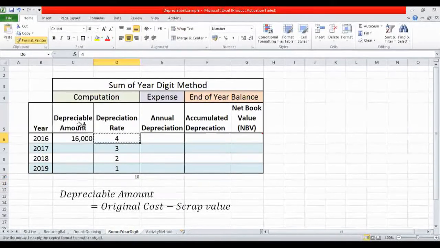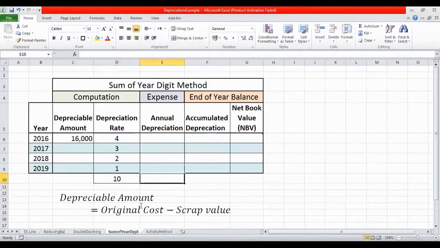So let's change the format. So 10. Now we need to calculate the rate. We are going to divide this 4 by the total of the digits which come over here. That is why it is called sum of year digit method, that we are summing up the number of years. We are taking these years as numbers.